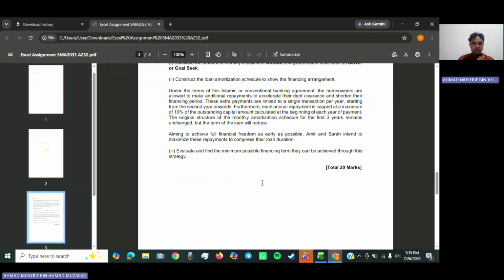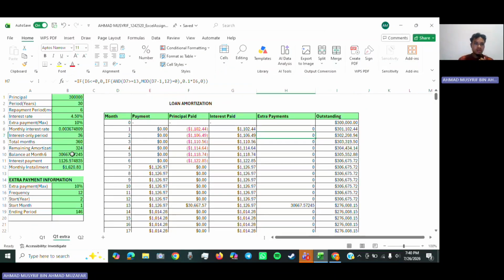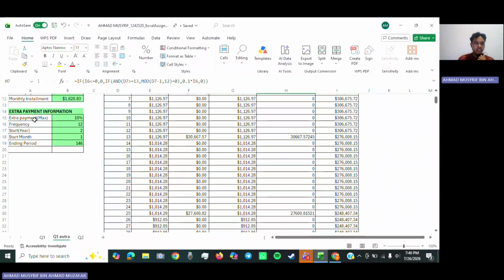The next question is to evaluate and find the minimum possible financial term that can be achieved through this strategy, which is the extra payment. For the extra payment, we have the maximum of 10%. The frequency is 12. The start is year 2, and the month start is 1.